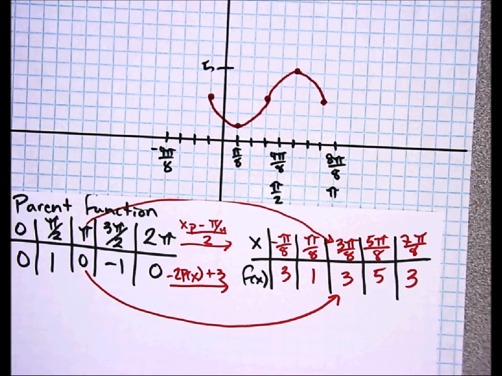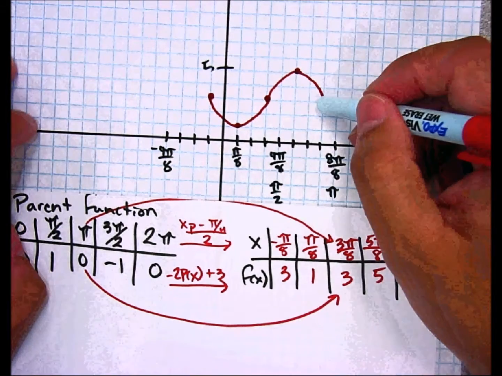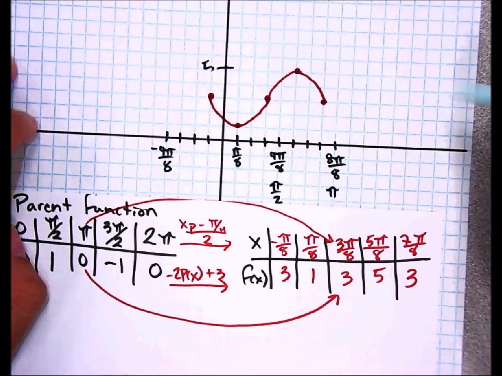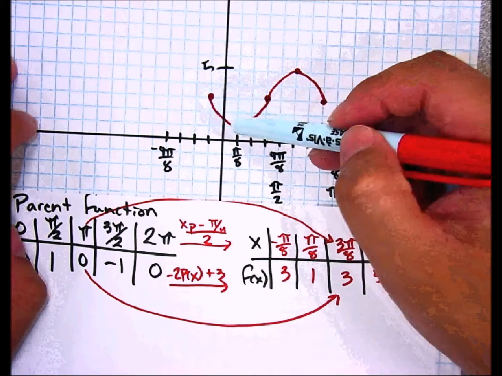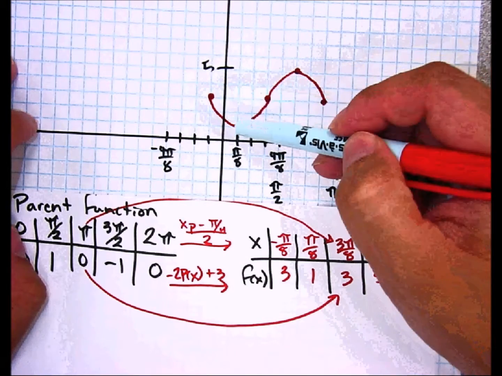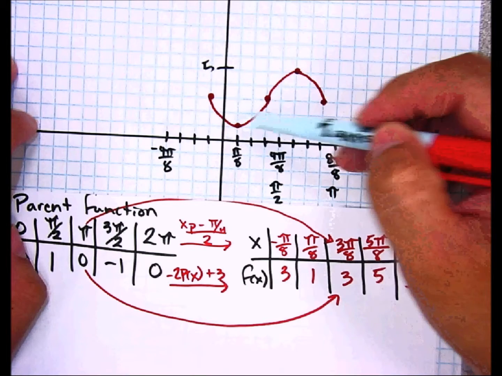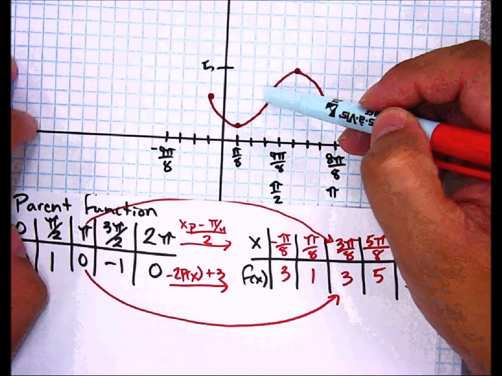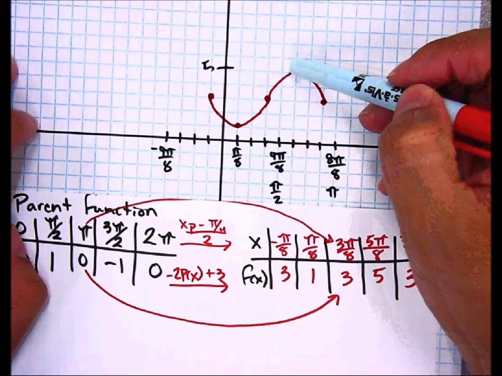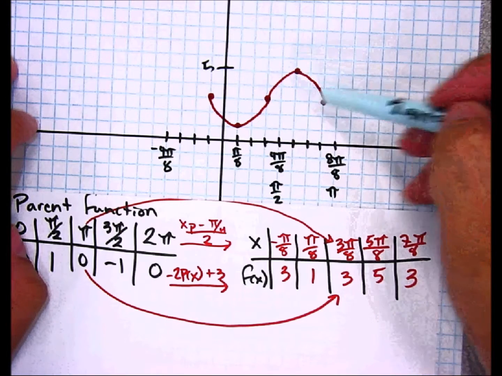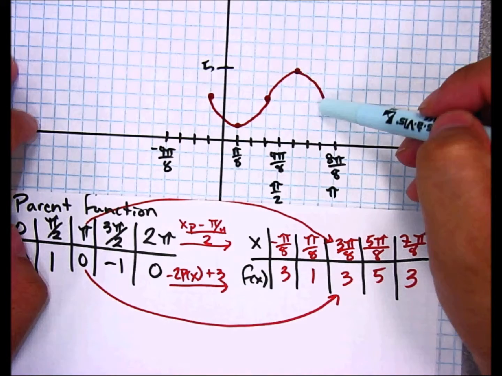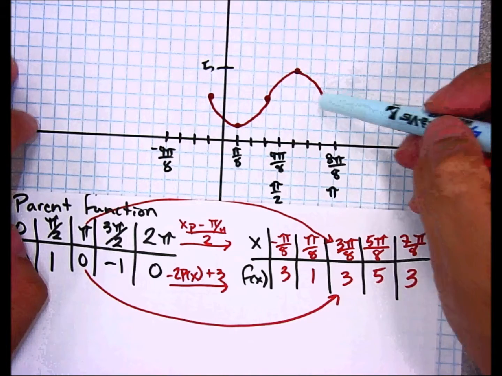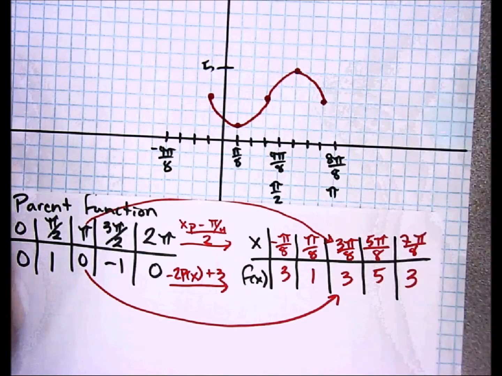Now, how do you get the second period? Basically you just repeat. If you have to go to the right, I would just start counting it off. Going from here to here, it's 1, 2 steps, and then we hit a minimum. 1, 2 steps, and I'm at 0. 1, 2 steps, and then I'm at my maximum again. 1, 2 steps, and I'm at a 0 again. So if I were to pick up from here and continue, I would do the same thing.